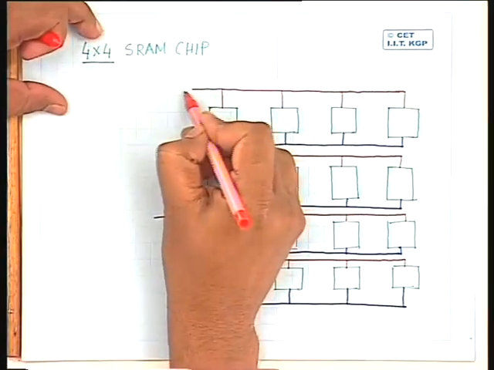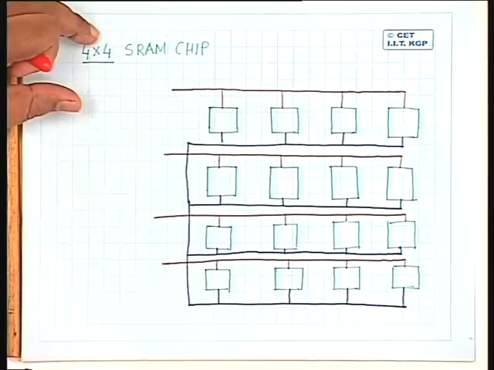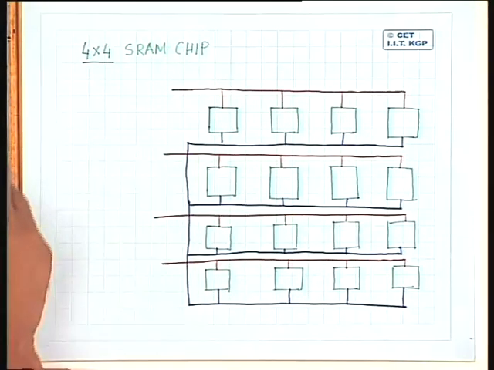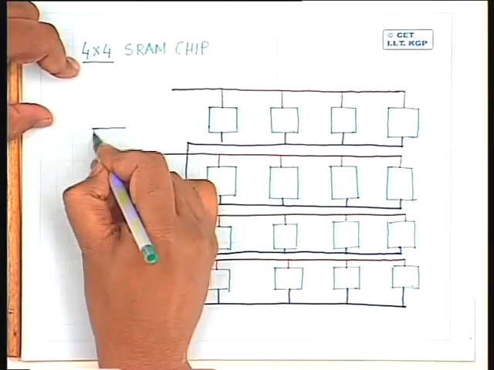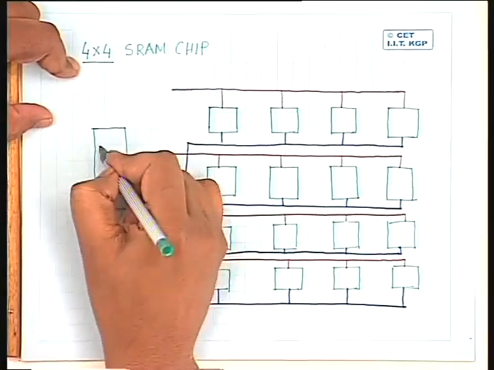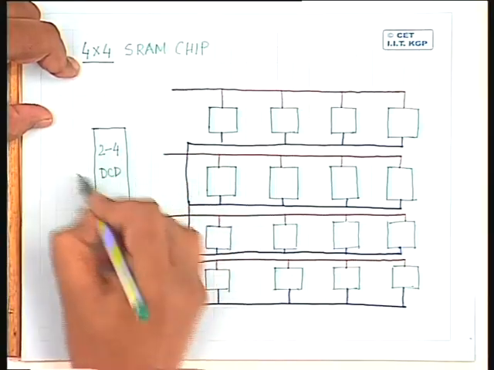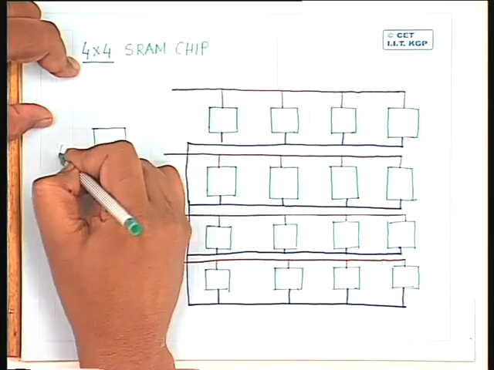Now since we have 4 different locations, for addressing any particular location we need two address lines. And what we can have is just a 2 to 4 decoder, which will have input lines, say A0 and A1.